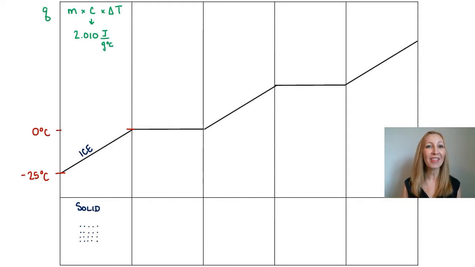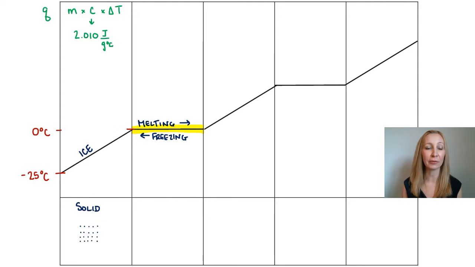Now, once we have that ice up to 0 degrees Celsius, we can continue adding energy, but the temperature won't change. And that's why the line there is flat. The temperature is not changing. So where is all that energy going? Well, it's going towards a phase change. It's going towards melting that ice. So if we continue to put energy into that ice, it will melt and turn into water. Now, if we take energy out of water, it freezes.